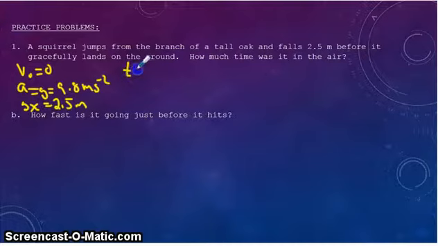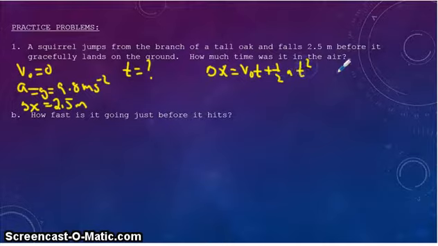If I'm asked to find how much time, t is my unknown, and now I'm going to find an equation that relates what I know to what I'm trying to find out. So if I use delta x is equal to v naught t plus 1/2 a t squared, my initial velocity is 0, and if I do a little algebra to solve for t, I'm going to multiply both sides by 2.